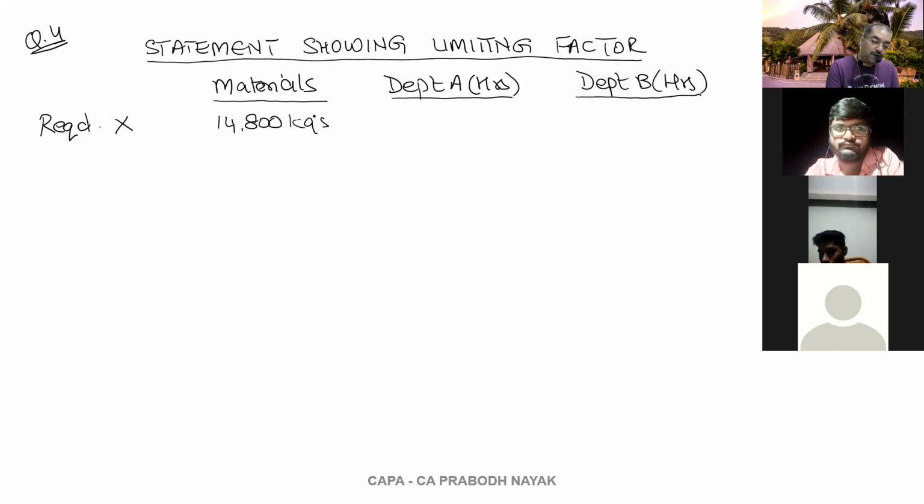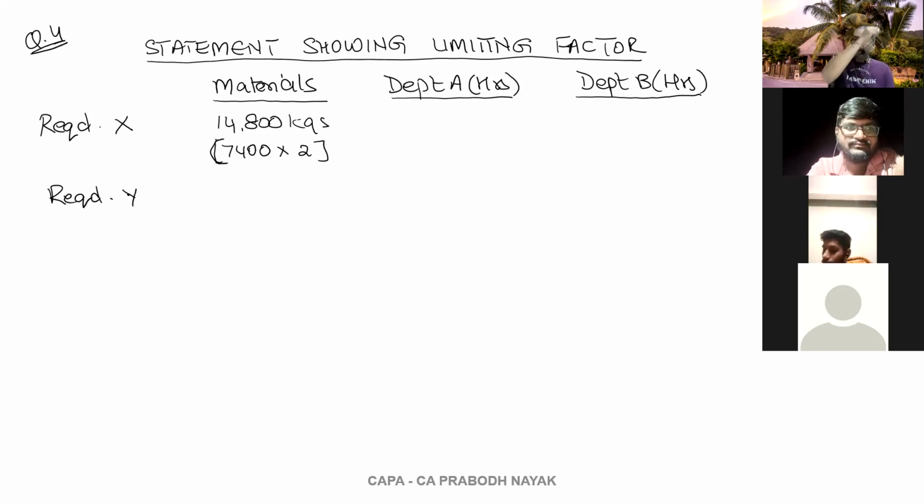Okay, so how did I get this? It is 7,400 units at the rate of 2 kgs per unit. Required for Y, 10,000 units at 2 kgs per unit.